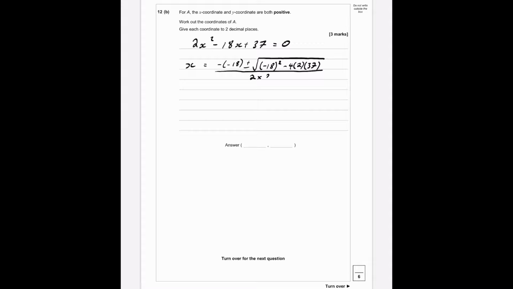And that gives me 2 x values, 9 plus or minus the square root of 7 over 2.